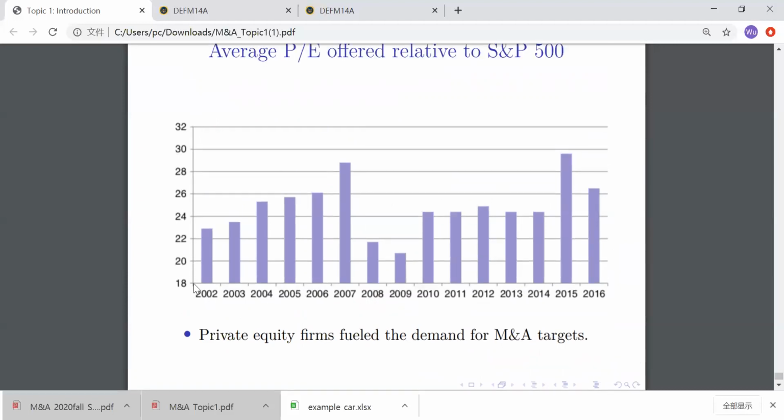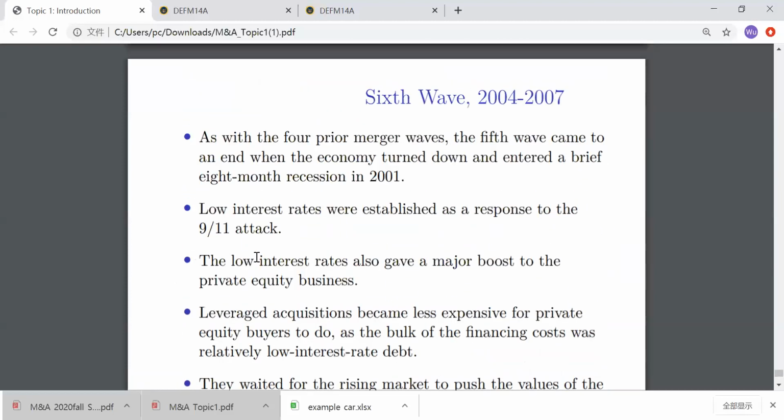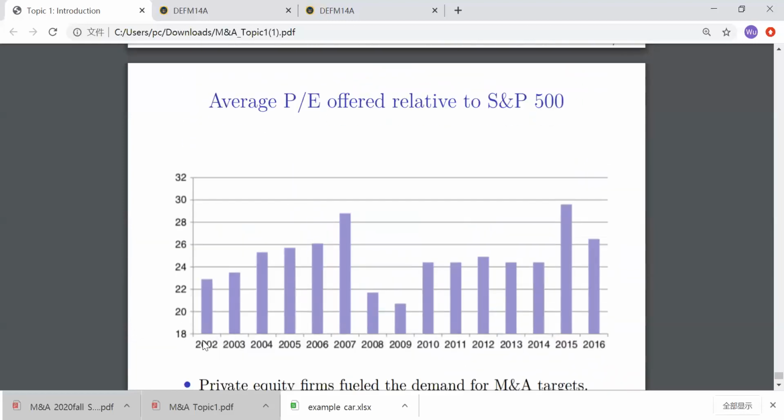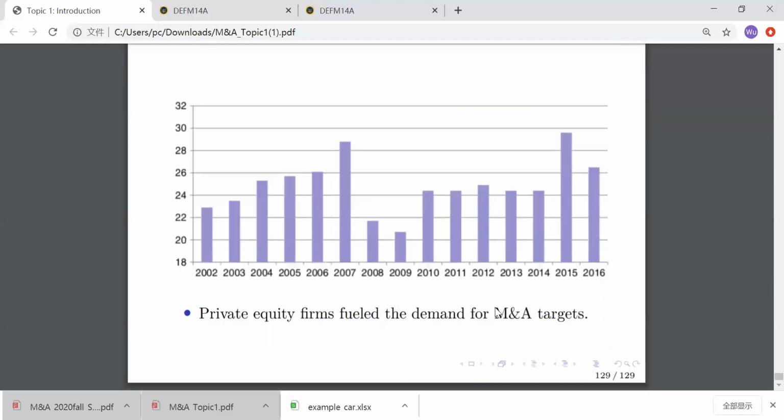After the 2001 terrorist attack, the P/E ratio goes up, and when the merger wave ended in 2007, right before the financial crisis, it was increasing all the time. After that, there was a financial crisis, so everything broke down.